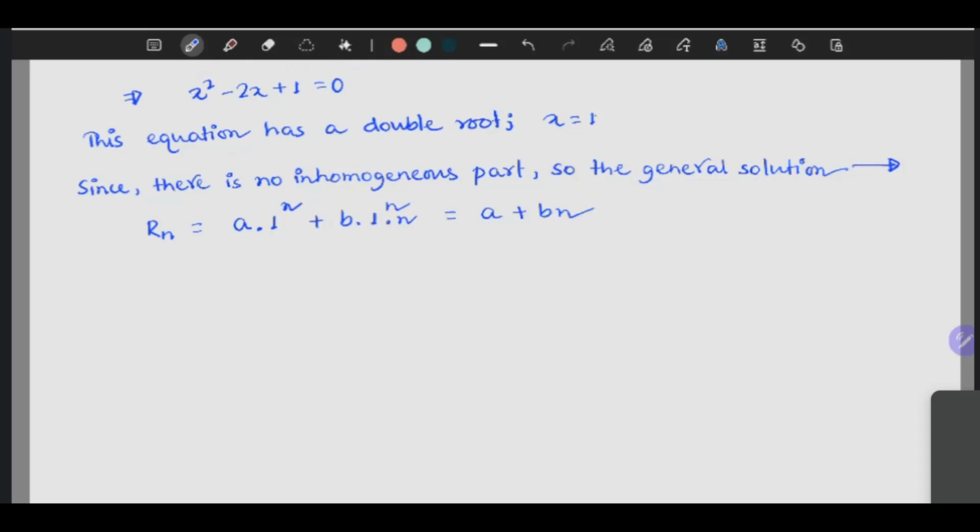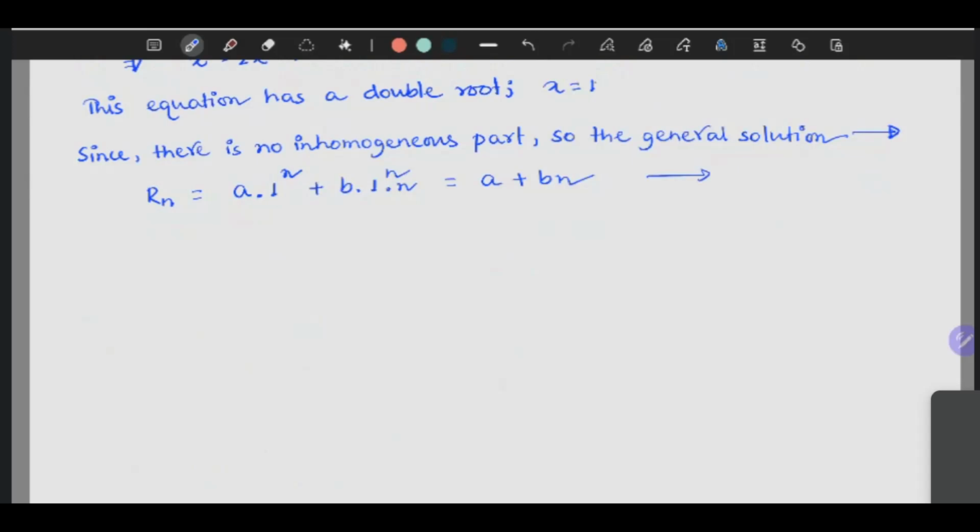Now there are also boundary conditions. Let's say this is 2, and the boundary conditions are that R_0 was 0 and R_W was 1. So if you substitute this, R_0 means n equal to 0, R_n is equal to 0, A plus B times 0.